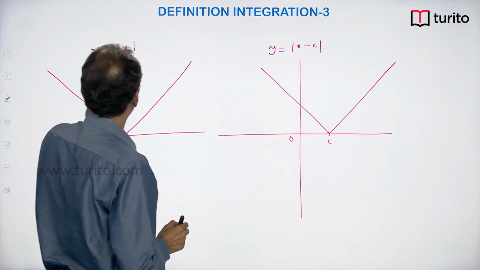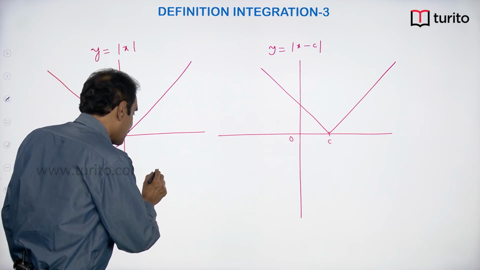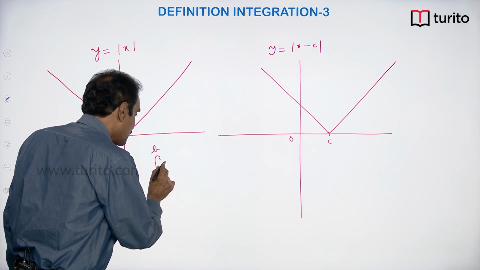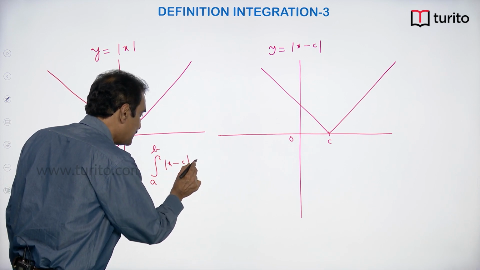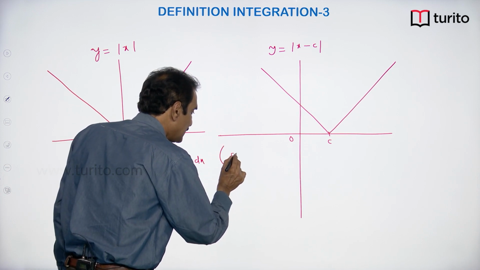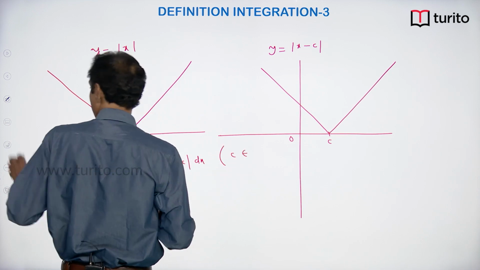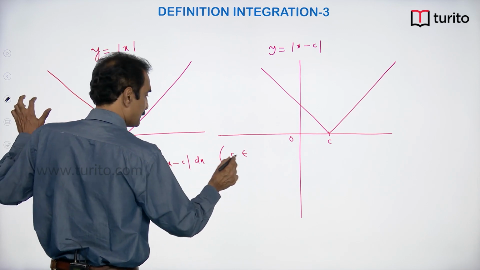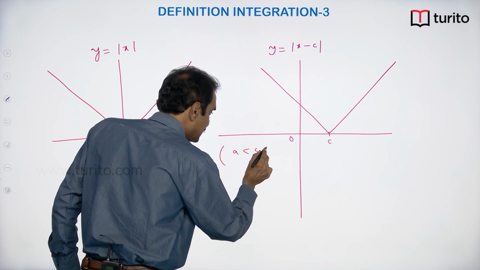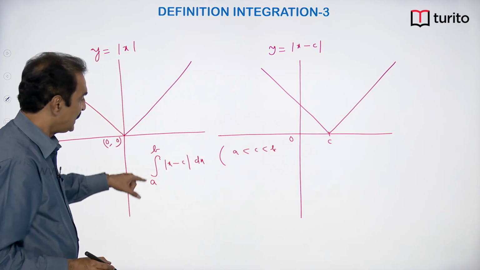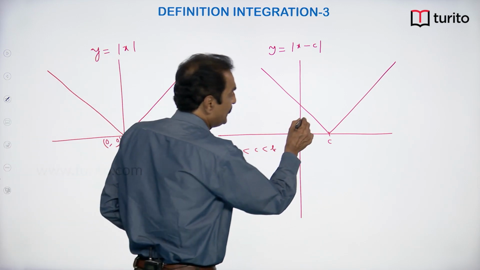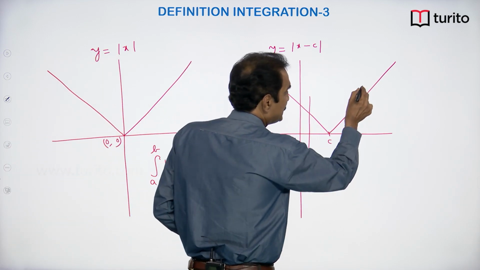Now suppose you want the integral a to b mod x minus c dx, where c lies between a and b. A is less than c, less than b. C lies between a and b. Then the line x is equal to a will be here, x is equal to b will be here.